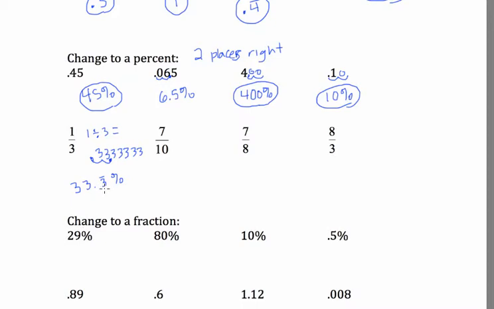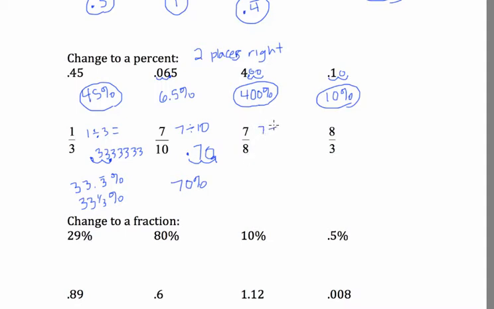Or 0.3 repeating is 1/3. Sometimes this will be written 33 1/3%. 7/10. 7 divided by 10 is 0.7. That's changed to a decimal. Now move your decimal place 2 places to the right. Put in a 0. 70%. 7/10 is the same as 70%.